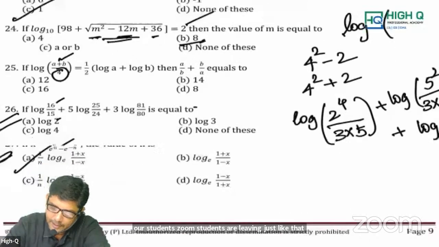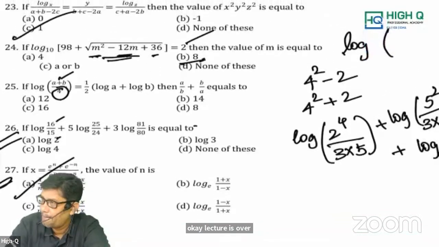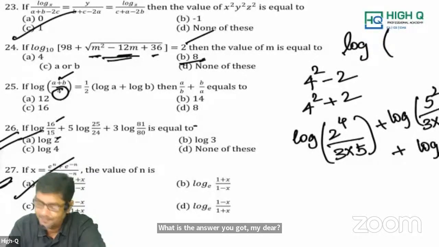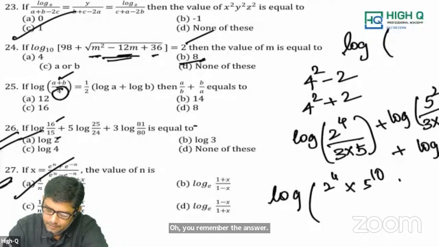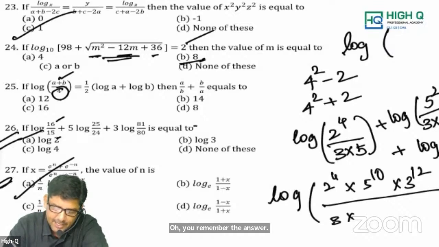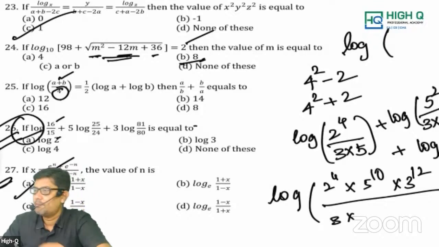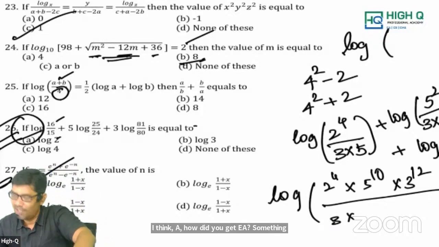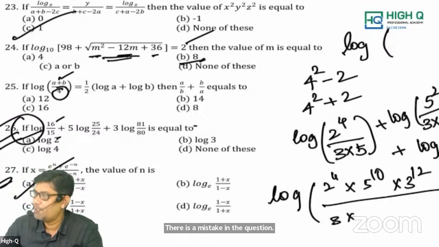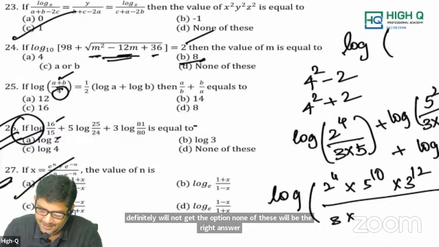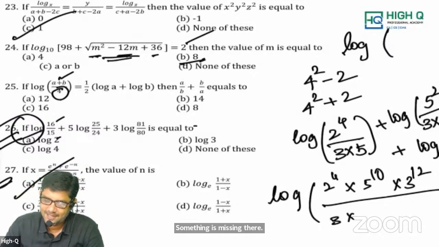What is the answer you got, my dear? Oh, you remember the answer. I think A. How did you get A? Something is missing here. There is a mistake in the question. You definitely will not get the option. None of these will be the right answer. Something is missing there. 7 is missing actually.